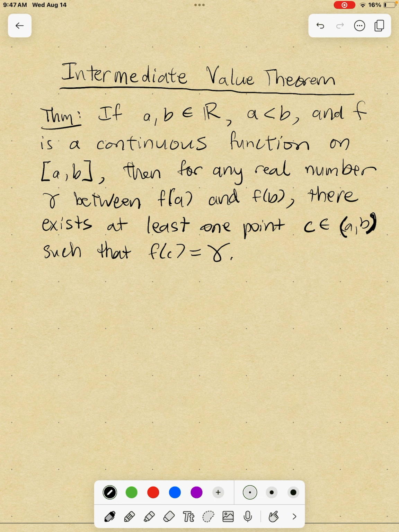Now, this is how it's presented in the book that I'm using, but if you don't like the gamma, you can just replace it by something else.